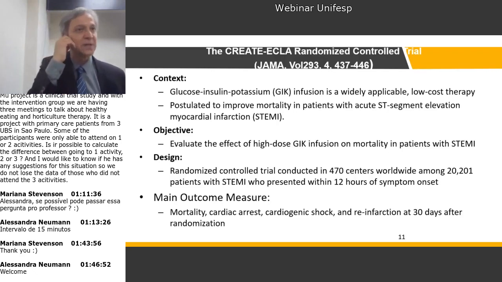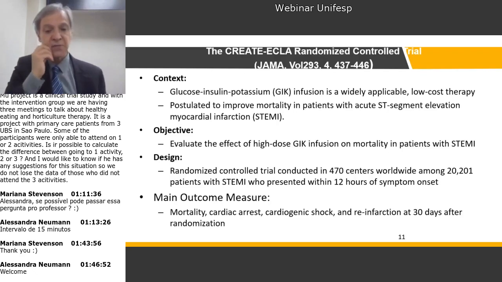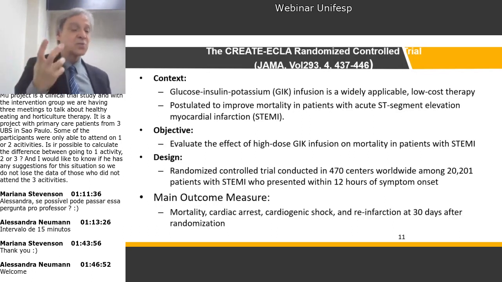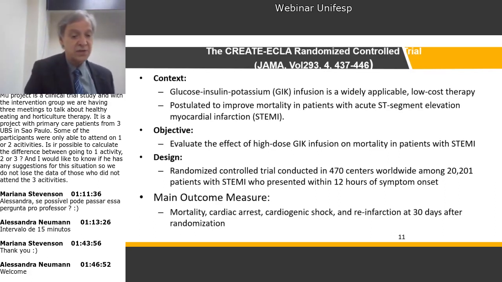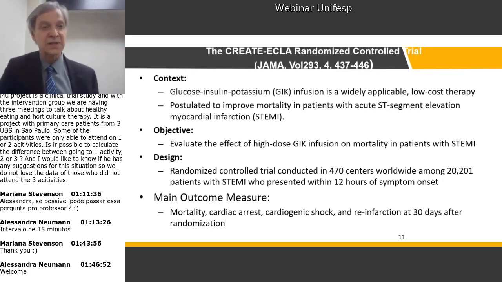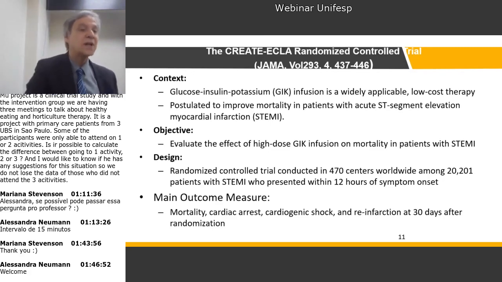I wanted to show you that because it's very important, a cluster type of randomized trial. 470 centers worldwide, 20,000 patients more or less, with STEMI who presented within 12 hours of symptom onset. The outcome was mortality, cardiac arrest as a non-fatal outcome, cardiogenic shock, and reinfarction at 30 days after randomization. So all these are endpoints of my study.